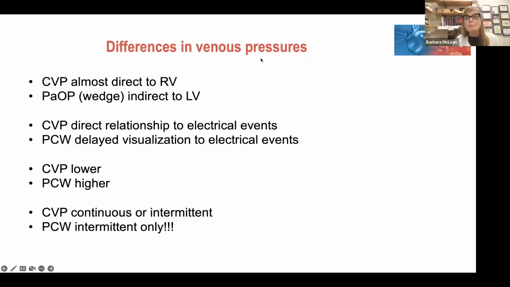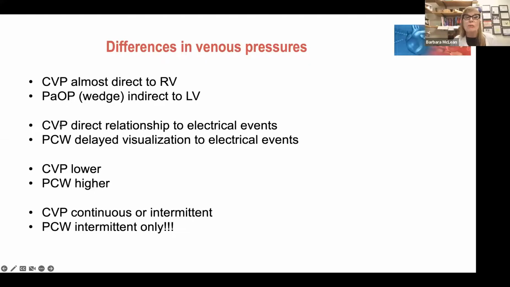Okay. Now, when we talk about CVP and wedge, there are a couple of very important differences. CVP is almost direct to the RV. Wedge pressure is indirect to the LV. CVP has a direct relationship to the electrical events, but because with the wedge pressure, that pressure column is far from the left ventricle, there's a delay in the relationship to electrical events.